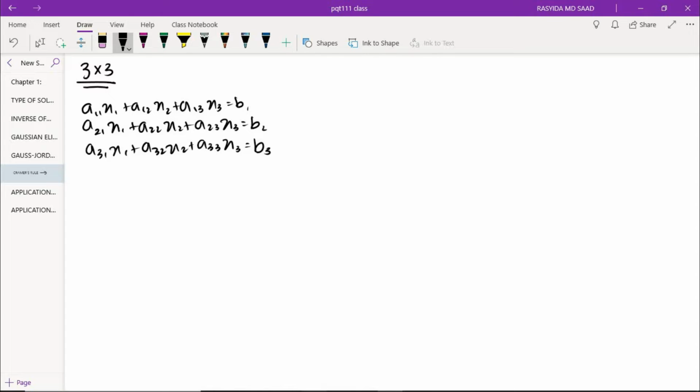Okay, so from here you can separate it into the coefficient matrix A: a11, a21, a31, a12, a22, a32, and then a13, a23, a33.